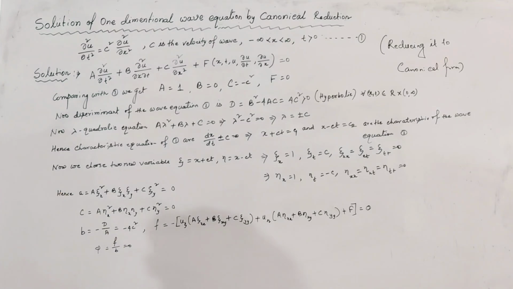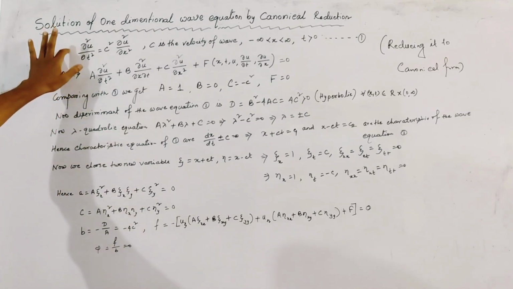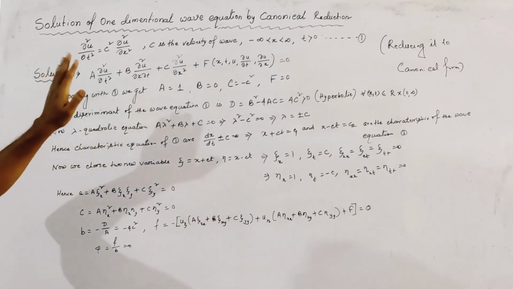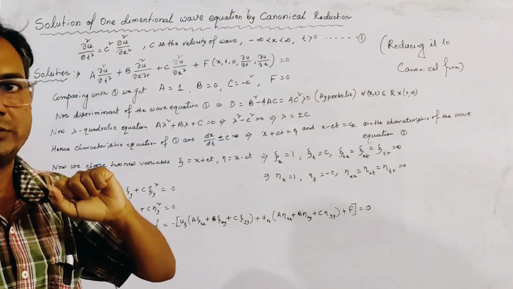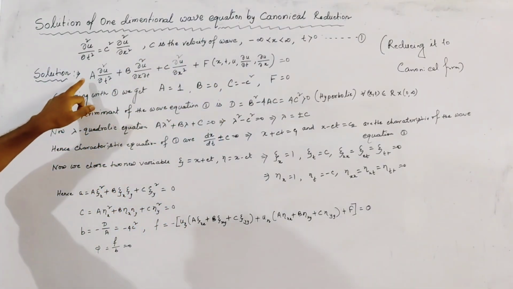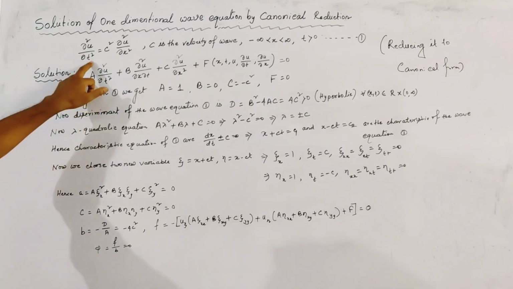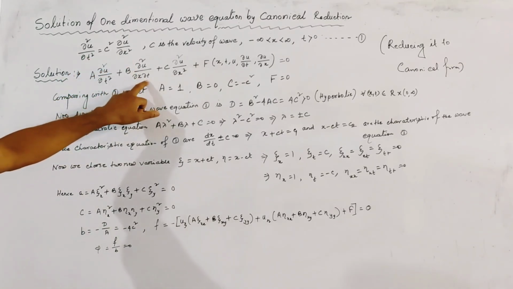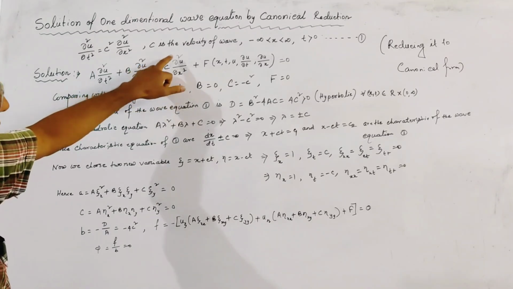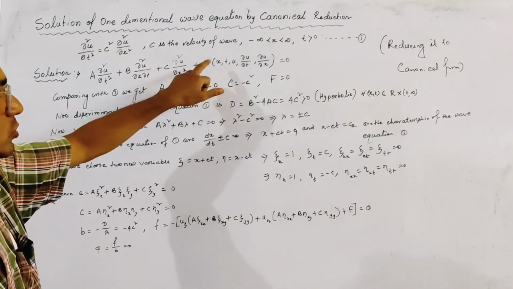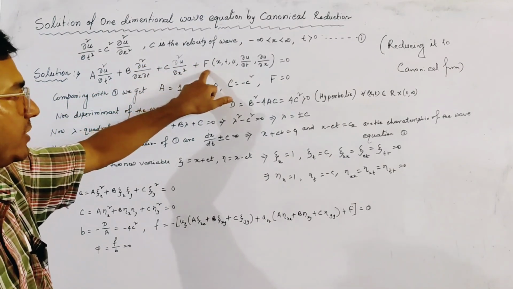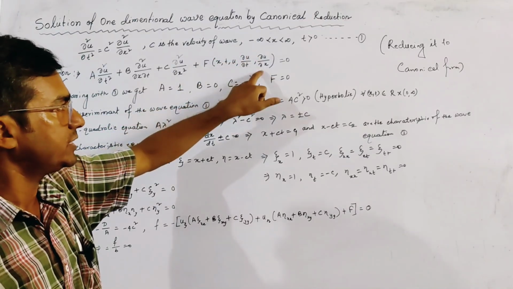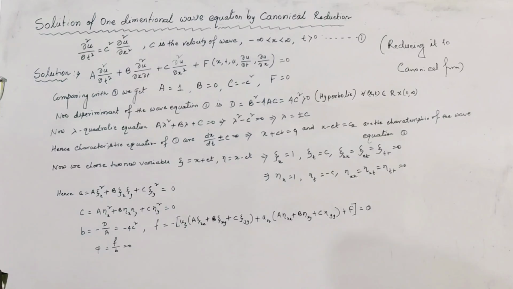Now we first compare equation number 1 with the general partial differential equation of second order, which is of the form a ∂²u/∂t² plus b ∂²u/∂x∂t plus c ∂²u/∂x² plus f(x, t, u, ∂u/∂t, ∂u/∂x) equal to 0.